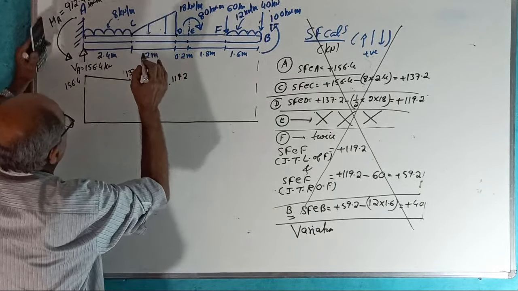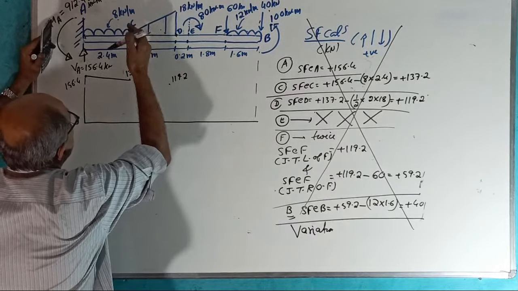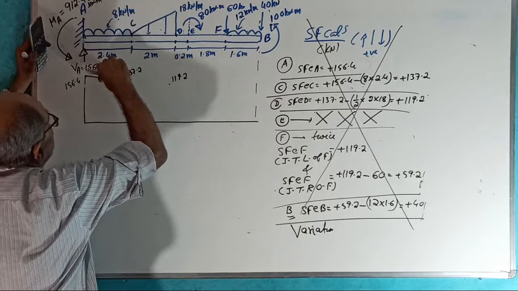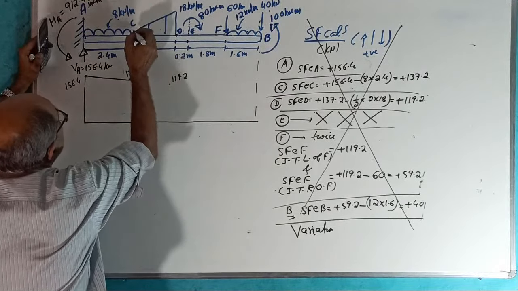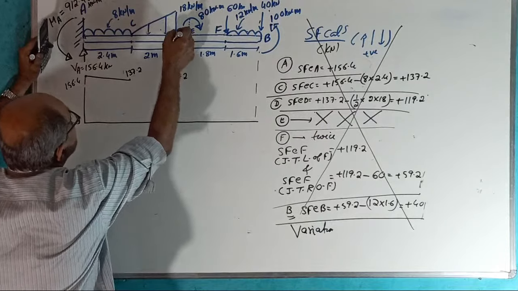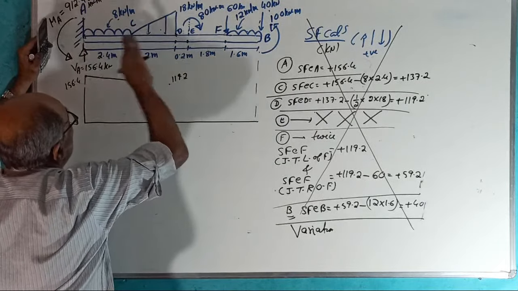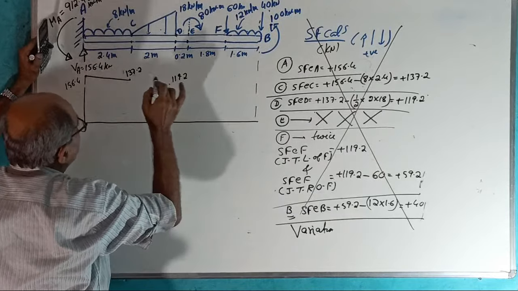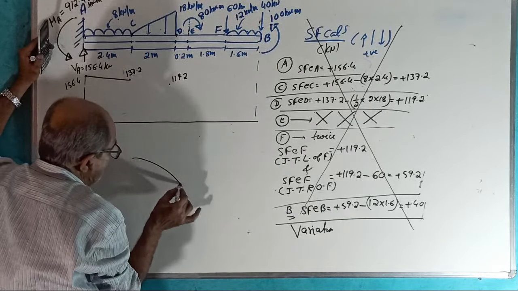Okay, now this side, intensity is 8, slope is 8. This side intensity is 0. Here intensity is maximum. As you go this way, slope should keep on increasing. That is possible only if the curve is like this.